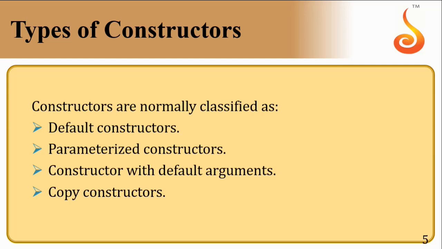If I don't pass one, it will take the default argument value. Next is copy constructors. Copy constructors are used when you want to create a replica of an existing object. That also I will do after this.